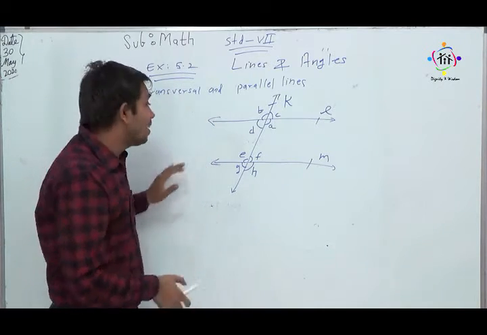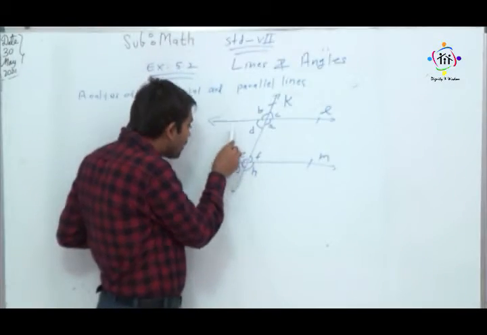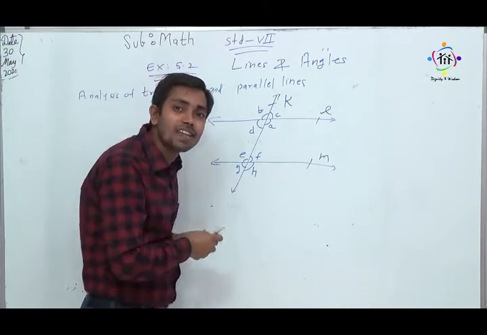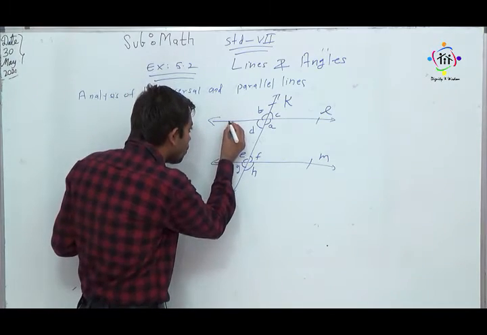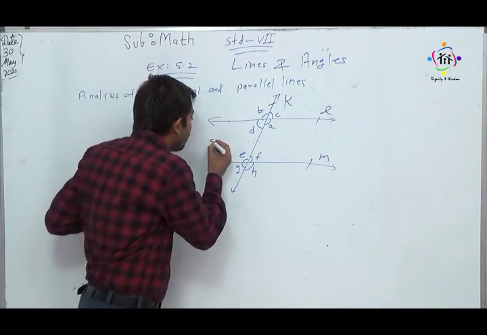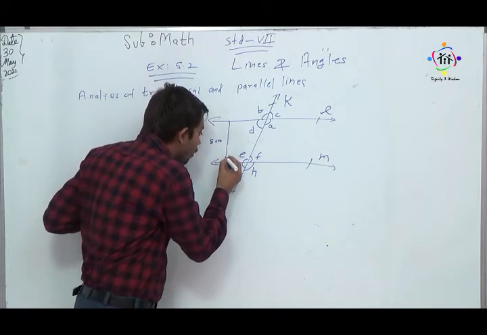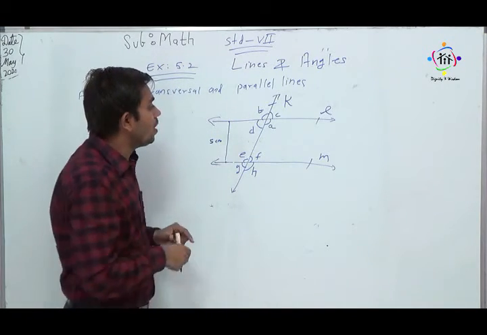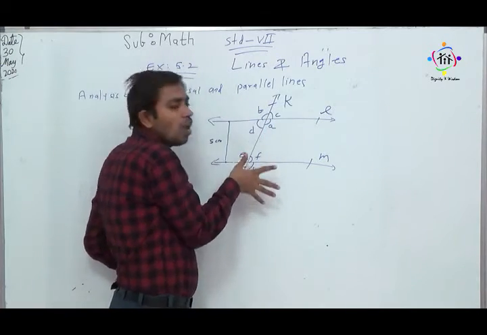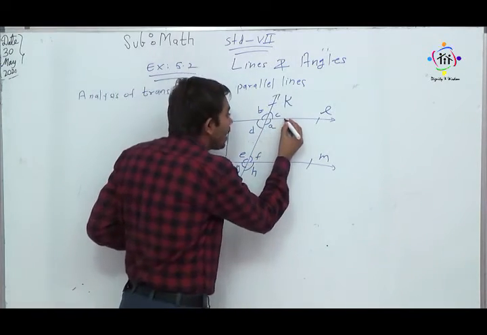One more thing. The distance between corresponding points of these lines should be constant, should be the same. Suppose I am taking a distance from here and the corresponding point here. Suppose this distance is 5 cm. Then the distance between any two corresponding points on these two lines is the same.